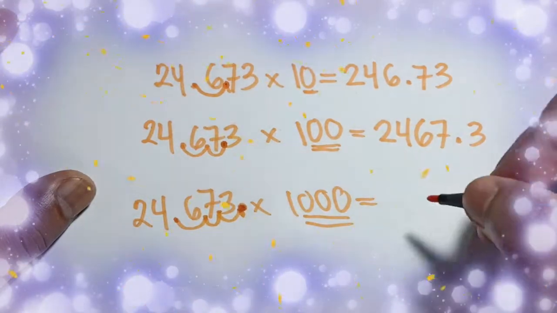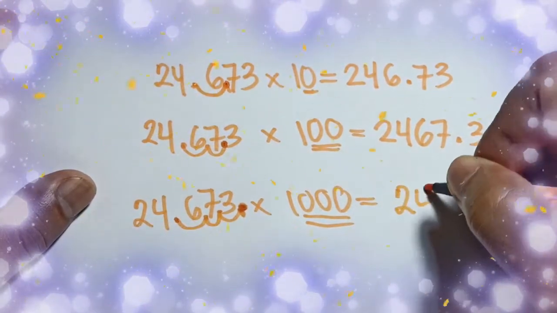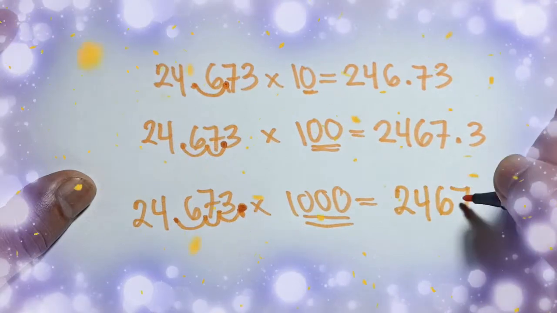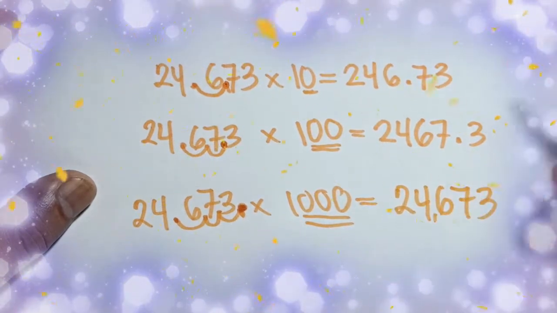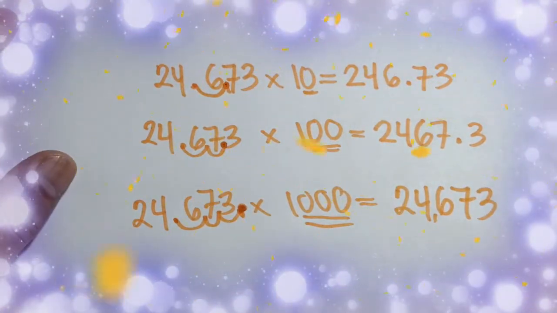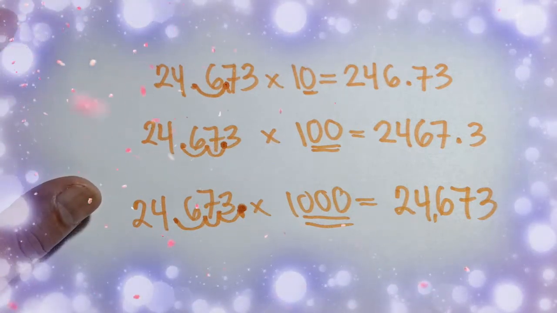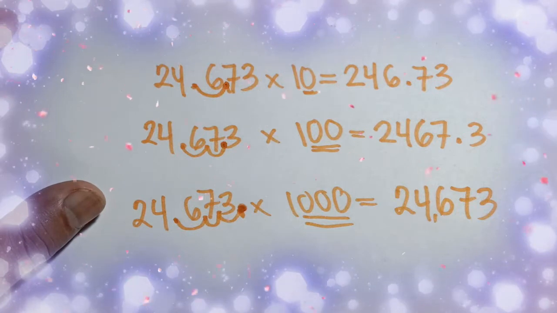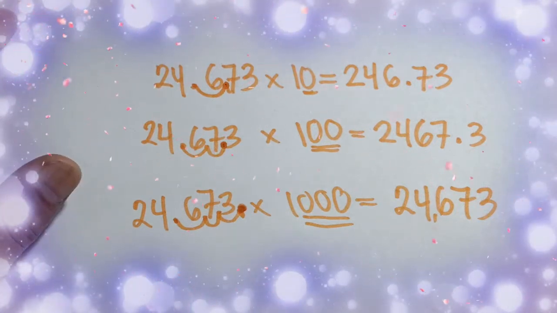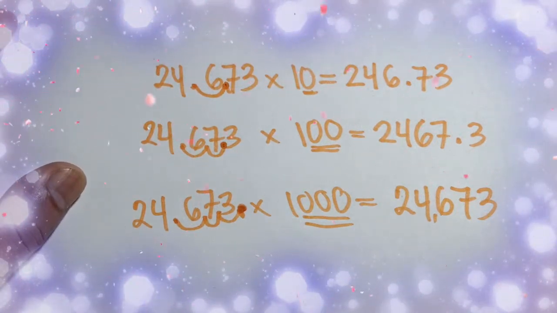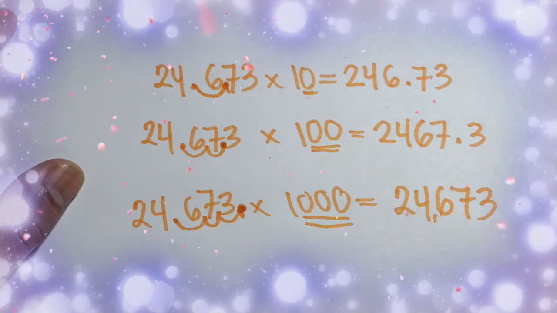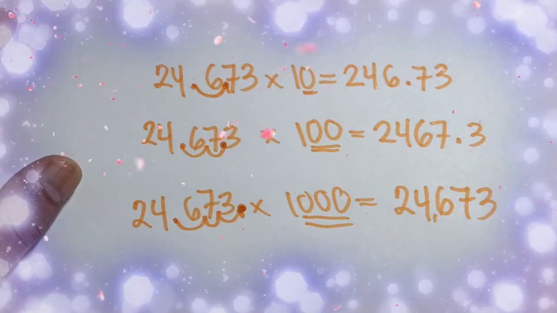Your answer will become 24673, or 24,673. That is the product when you multiply 24.673 by 1000.